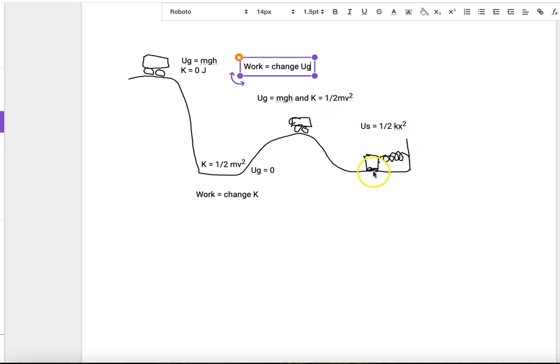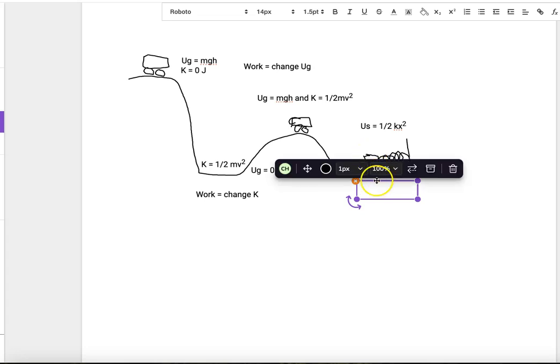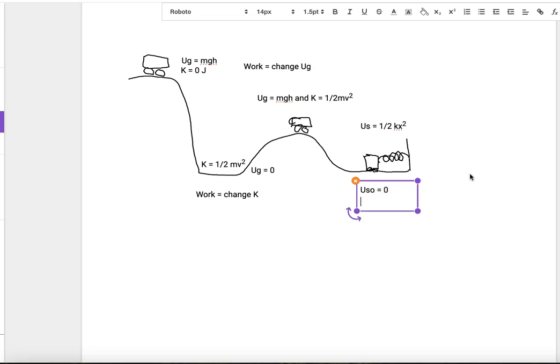If I actually want to find the work that the spring does, I can say, well, the spring doesn't have any energy right before the cart hits it, but after it hits it, then it would have energy. So your original spring energy would be 0, and then your final spring energy would be 1/2 kx squared. And the difference between those two would be work. So that's also change in spring energy.